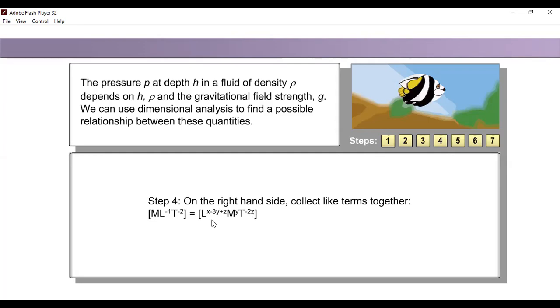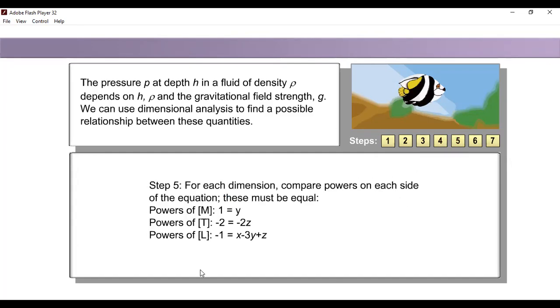And how about L? Once we get y and z, we replace them into the formula, where x minus 3y plus z is equal to negative 1.